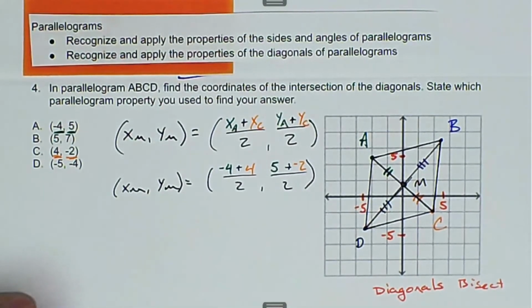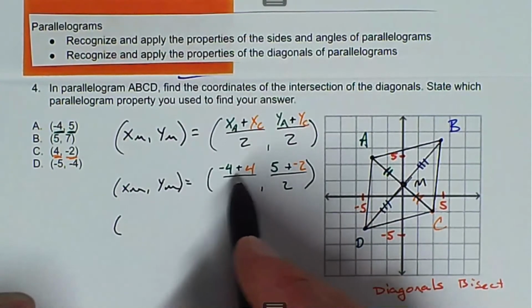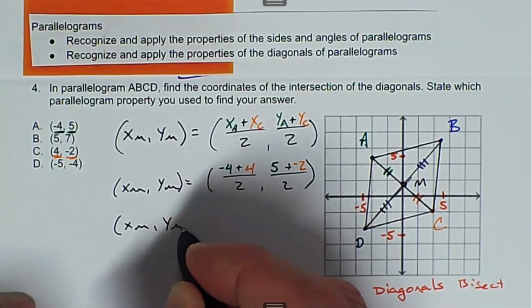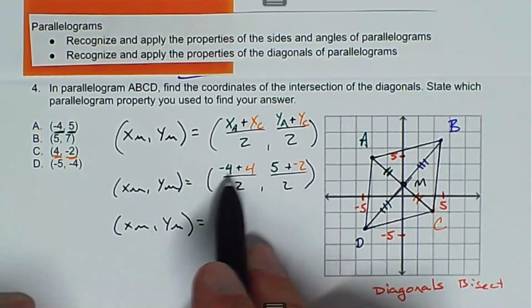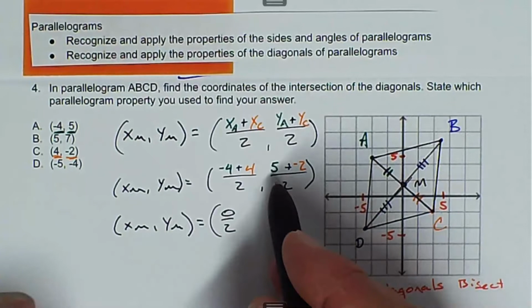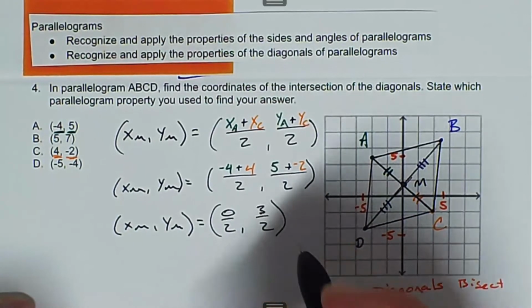Now we can work to add our numerator and divide by 2. So we get x sub m, y sub m is equal to -4 plus 4 is 0, and 5 minus 2 is 3/2.